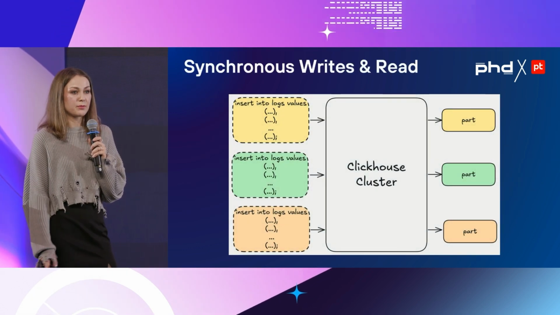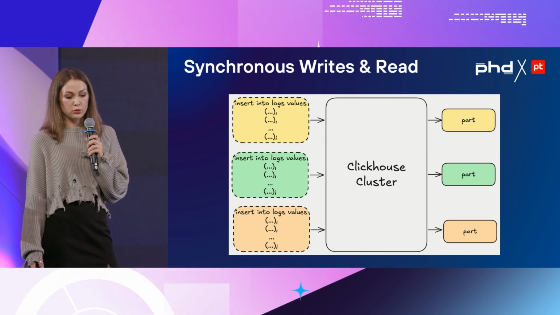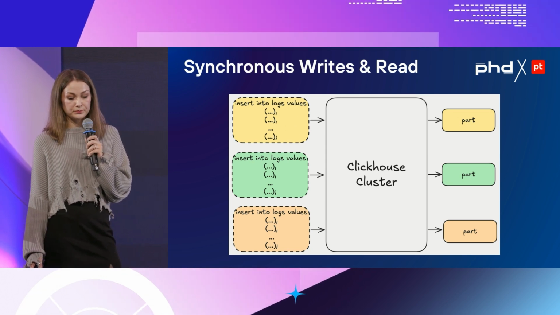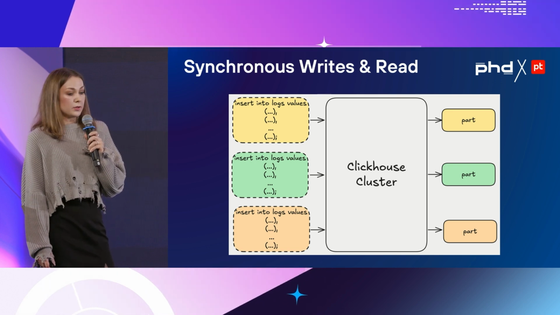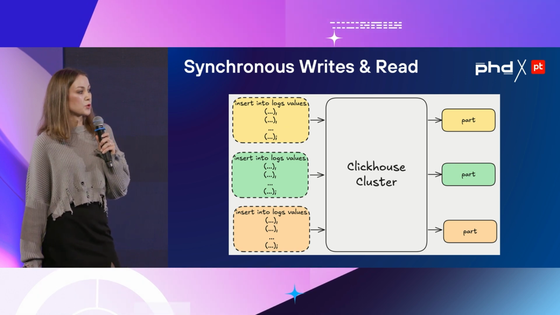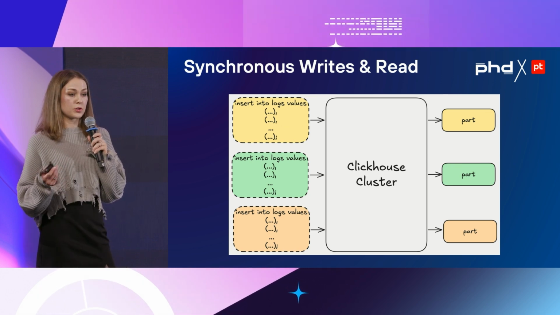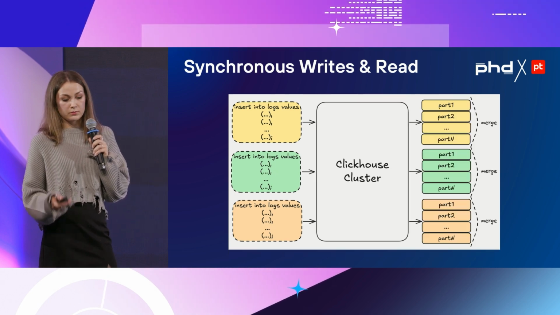And now we are moving to the insert. We understand that we have a lot of data, and here is a little bit more about how the insert in the ClickHouse works. We have certain inserts, and ClickHouse puts all of that in the parts.